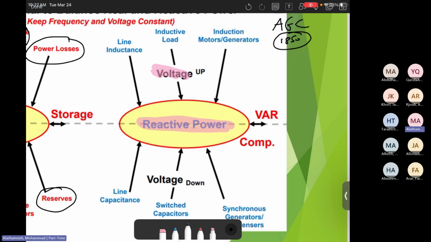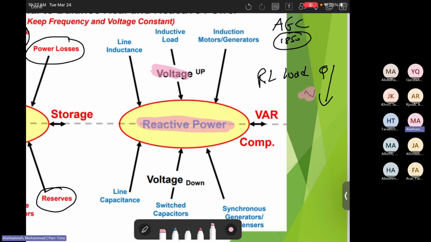The behavior of the induction motors is to have an inductor. That inductor will consume reactive power. So the vast majority of our loads are RL loads that consume reactive power, which pushes the reactive power down, or in other words, pushes the voltage down or reduces the voltage.